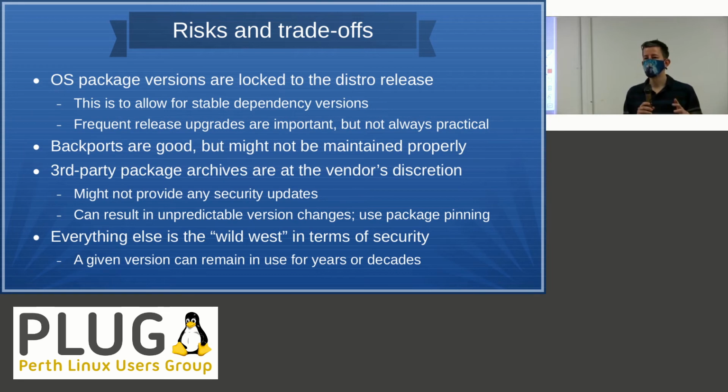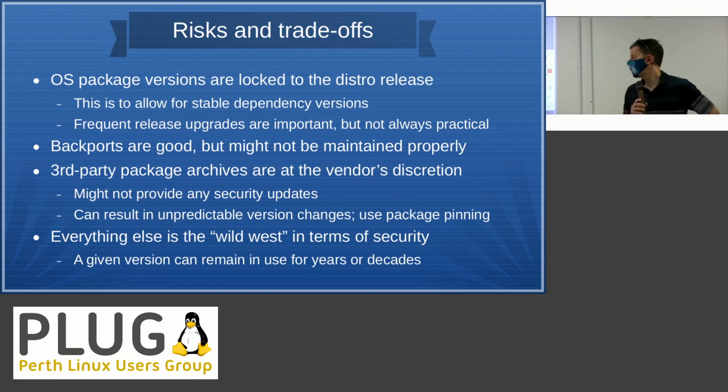Now, importantly, these backports are either built against the dependencies present in the OS itself, or they supply newer versions of the dependencies. And this can cause some conflicts, but usually that's all worked out because backports are typically supported by the distro vendor themselves. But backports aren't a panacea, and very, very few things end up in backports repos, which is why you can't always rely on those either.